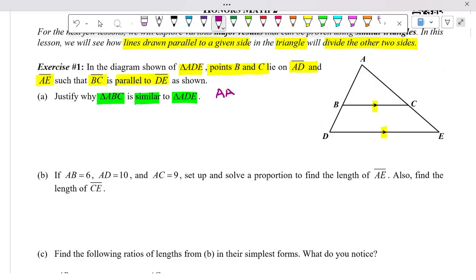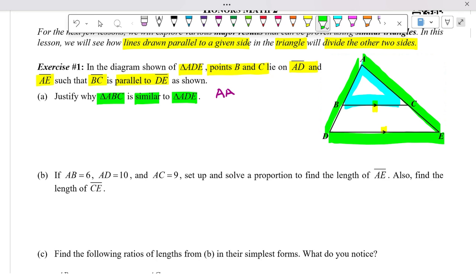Now, for justification purposes, here's the small triangle. Here's the big one. Those are the two triangles we're working with. The angles are actually pretty easy to show are congruent.